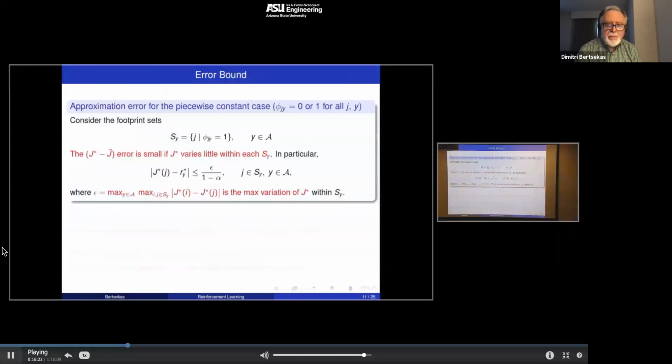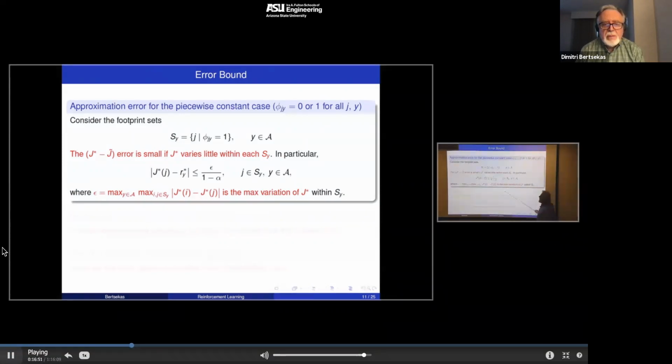Okay. Before we go into solution methods, let me mention an error bound for representative states for the piecewise constant case, where the aggregation coefficients are 0 or 1. So the approximation J tilde of 1 is piecewise constant, okay? It's constant within each footprint. So for that case, consider these footprint sets corresponding to the representative features.